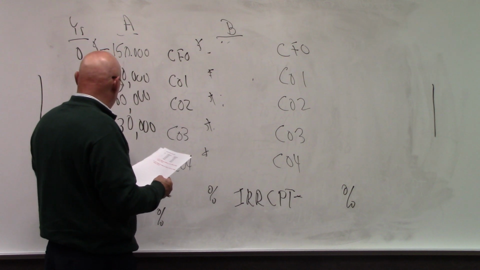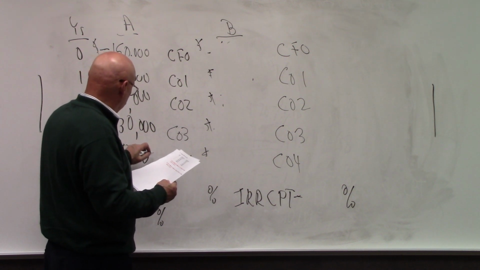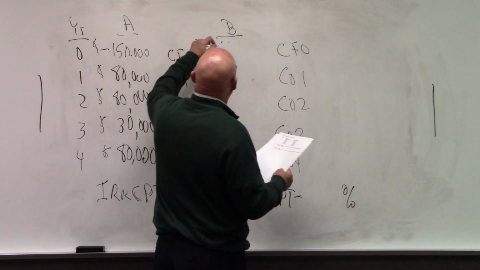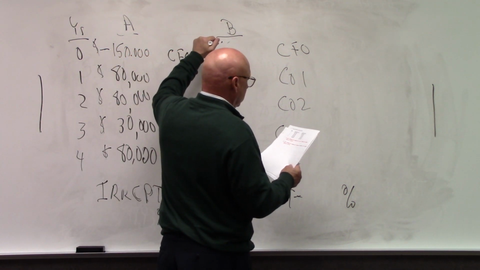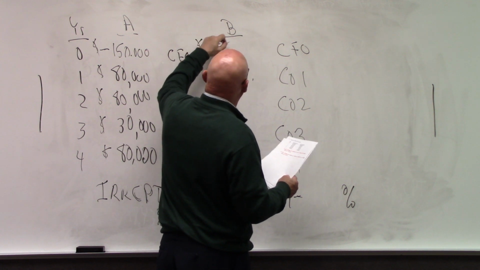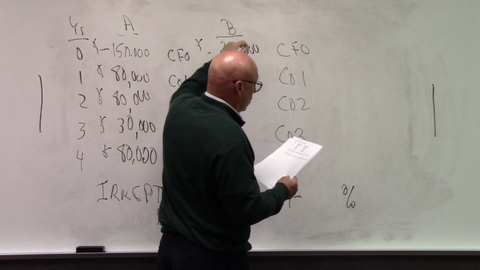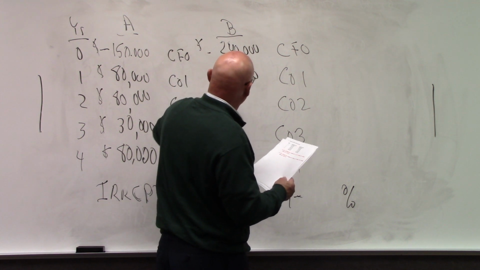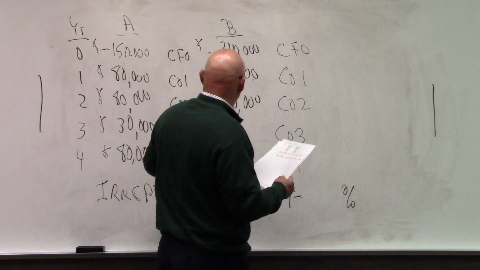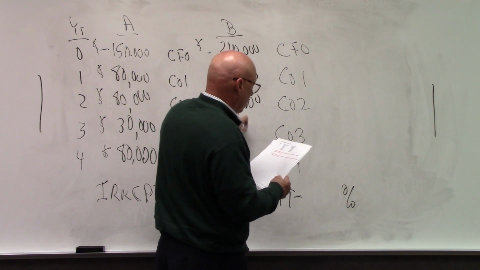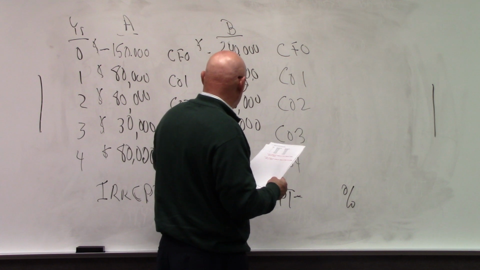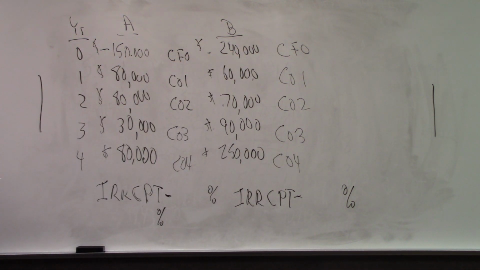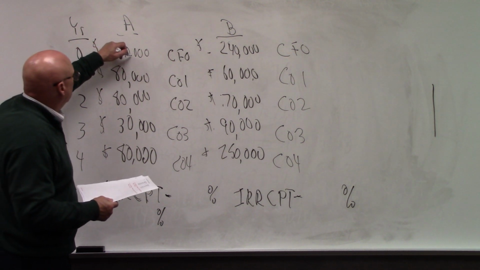And 80,000. Okay? Then we have minus 240,000. And 60,000. And 70,000. And 90,000. And 250,000. All right. Calculators are cleared. Let's get after it.